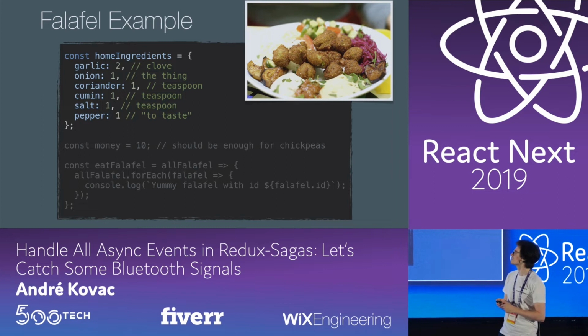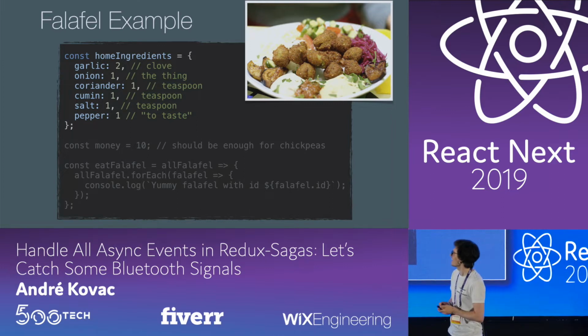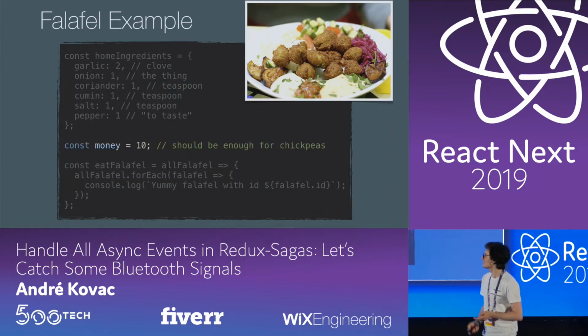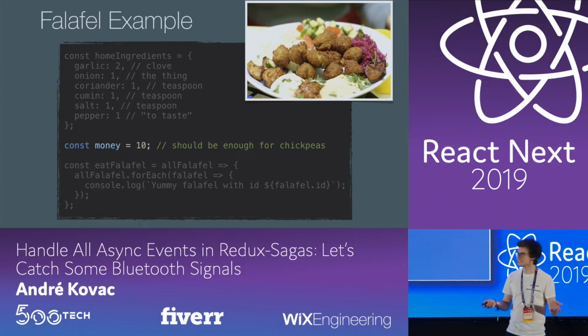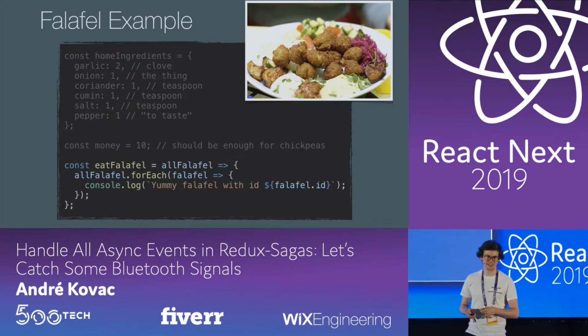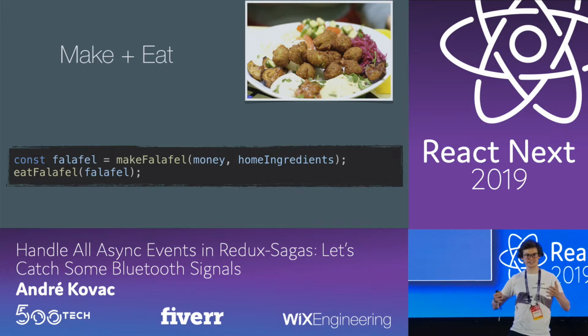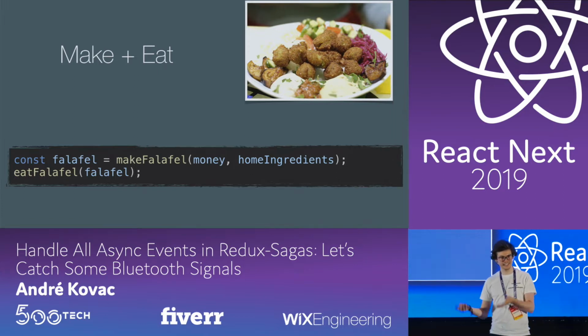So we will have some ingredients that I looked up online, and I think many of you perhaps can do this much better. And then I think 10 shekel is enough perhaps to buy some chickpeas, and we will try to eat it with a console log statement. Good. So in an ideal world, we first make falafel, and then we eat it.